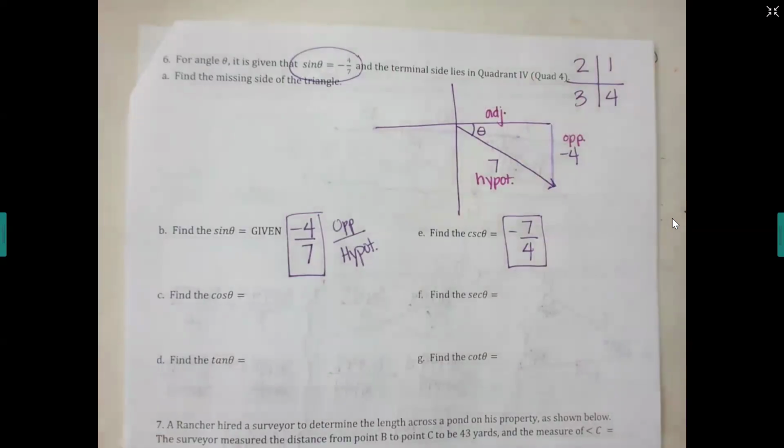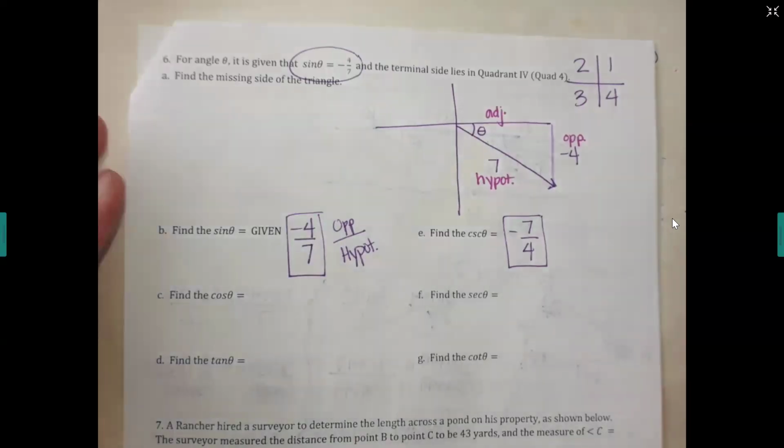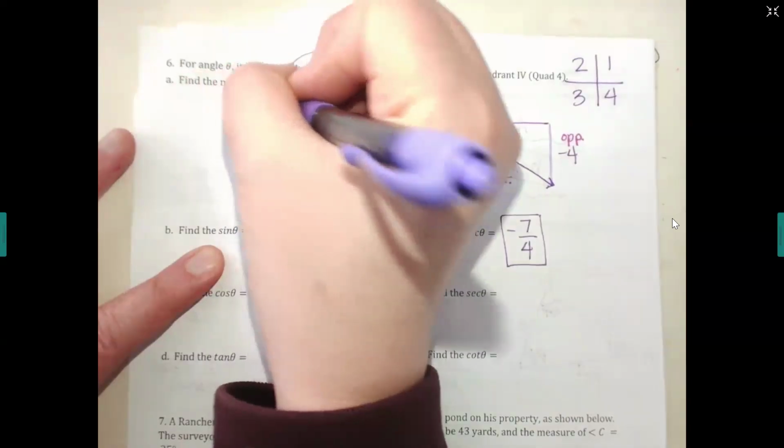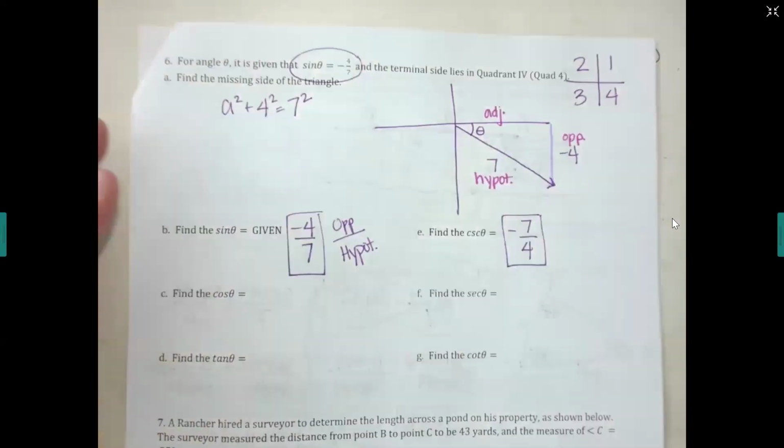So in order for me to find the rest of my SOHCAHTOAs, I need to know this third side. We're going to do Pythagorean theorem. Yes or no, will I do 7 squared plus 4 squared? No. What does 7 have to be in the Pythagorean theorem? The C. So I'll do a squared plus 4 squared equals 7 squared.